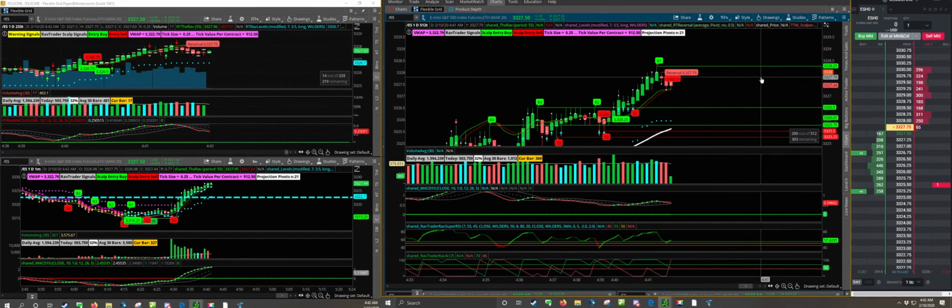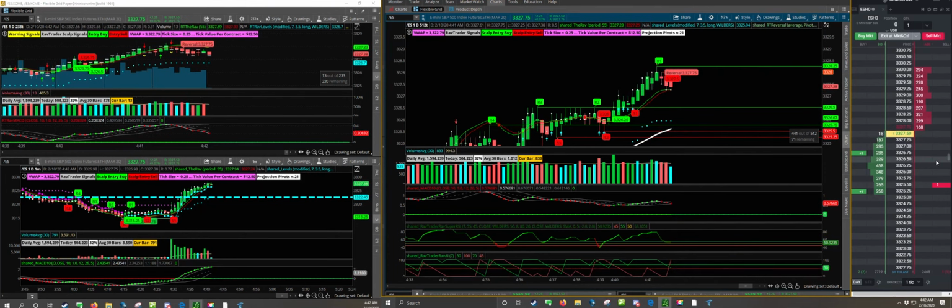Okay, let's look for a short below the moving average. Let's do a short at 27. Big level two at 26.25.